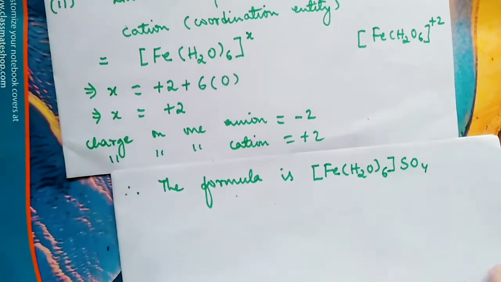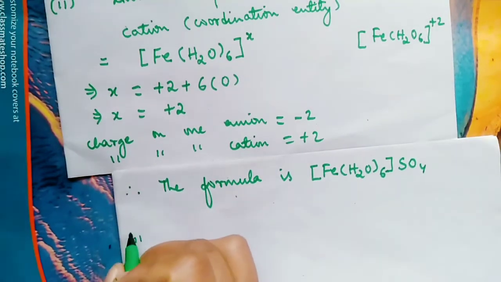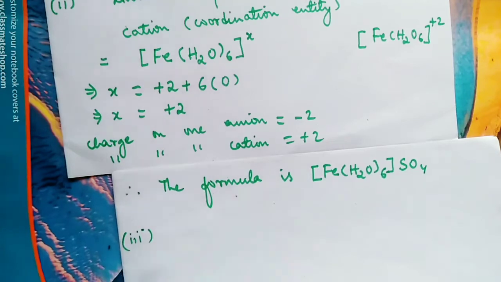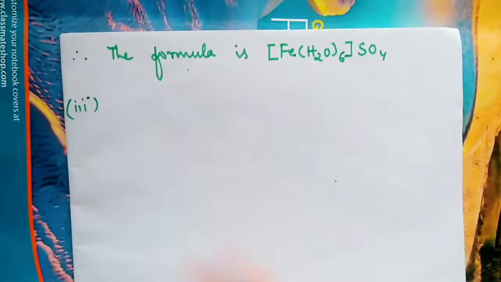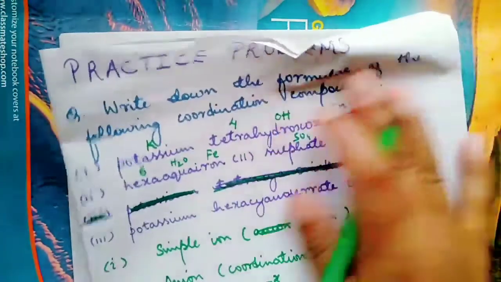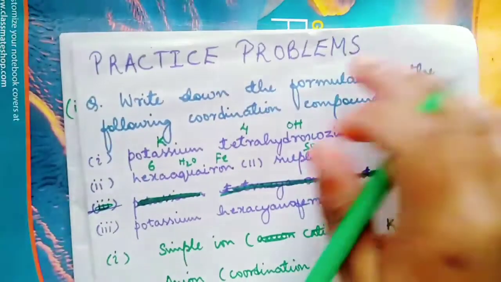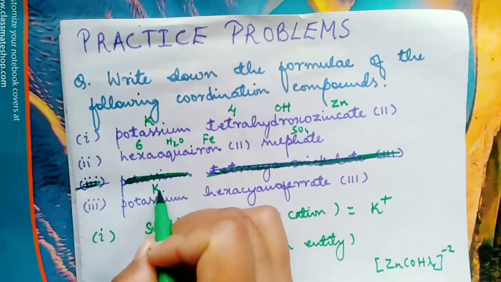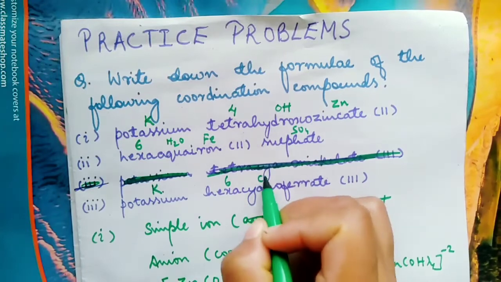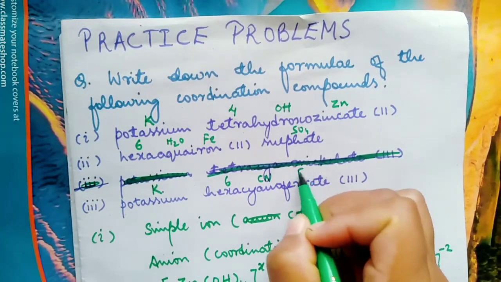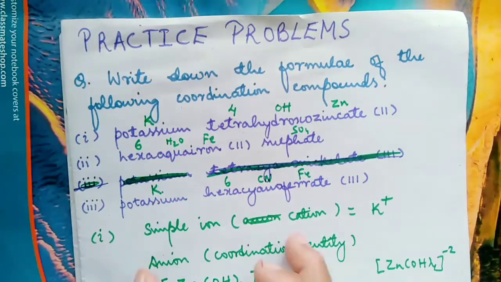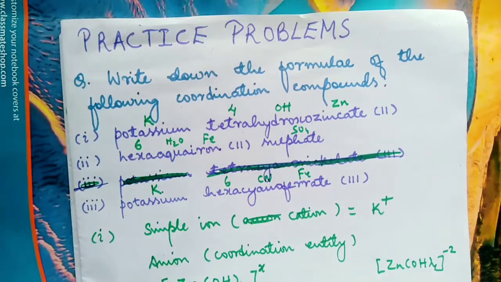So now let us come to the third one. The same thing here. This one is potassium hexacyanoferrate. Okay, so here identify which one is a simple ion, whether it is a cation or an anion.